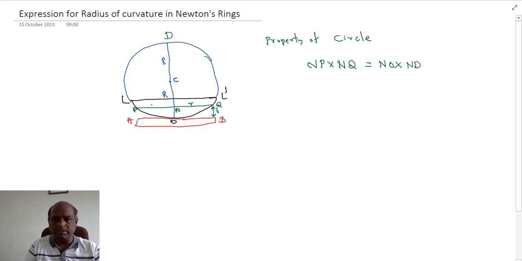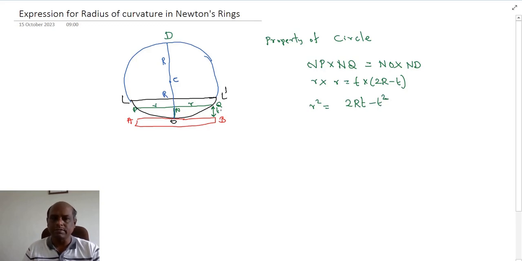So the value of NP is equal to how much? Small r. NQ also small r. NO, the length NO is equivalent to T, and coming to the end, it is total 2R minus T. So r square is equal to 2RT minus T square.